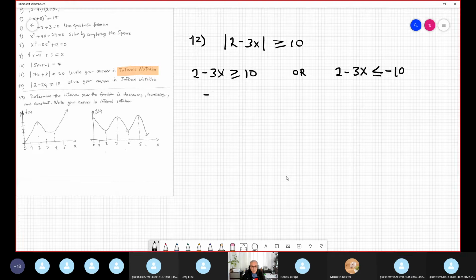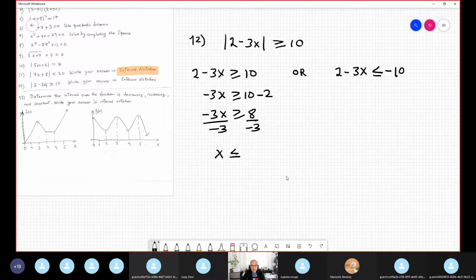In this case, minus 3x greater than or equal to 10 minus 2, because I move 2 to the opposite side. Minus 3x greater than or equal to 8, divided by negative 3. And this is a super important moment, because when you are dividing by a negative number, it is mandatory to reverse the inequality. So x less than or equal to negative 8 over 3.